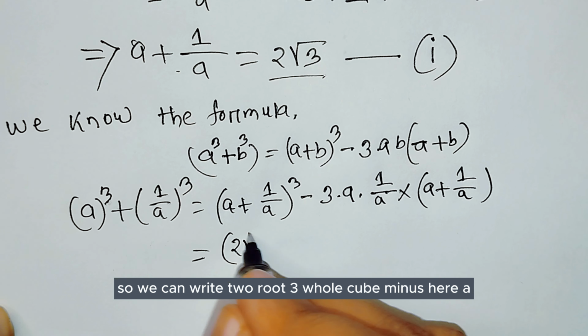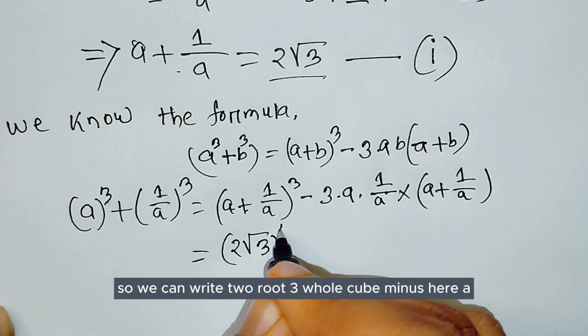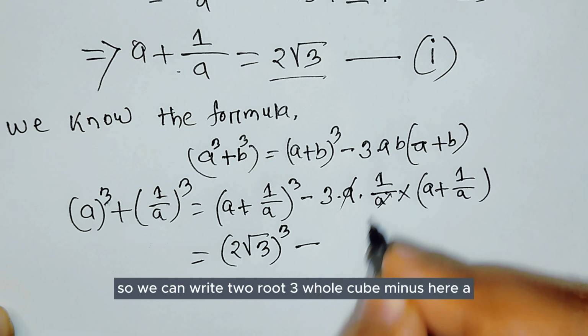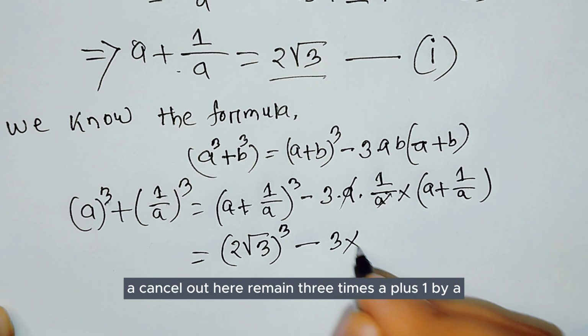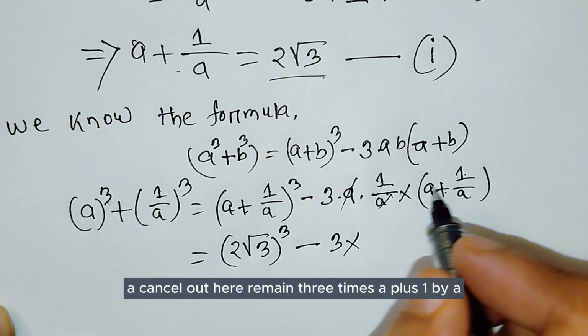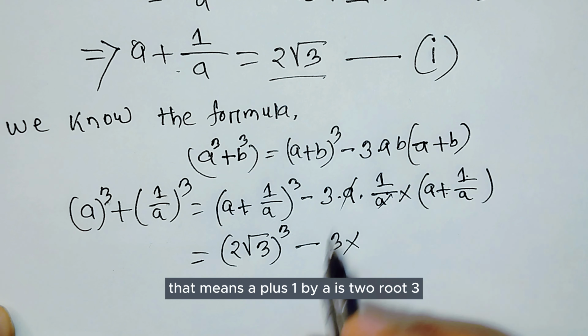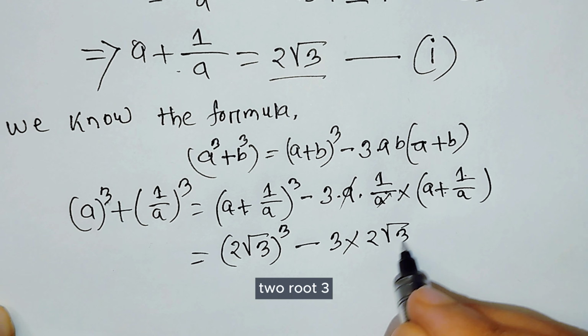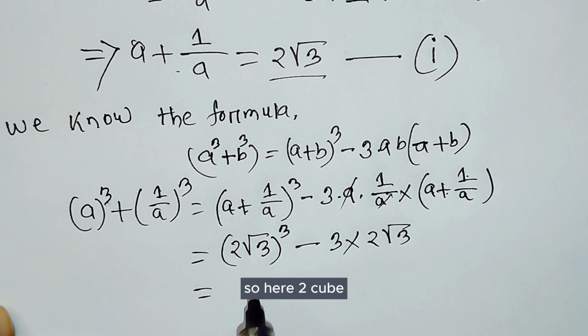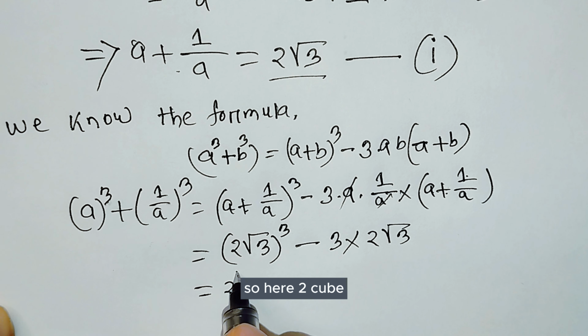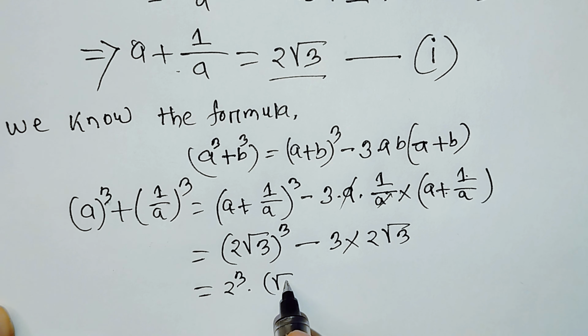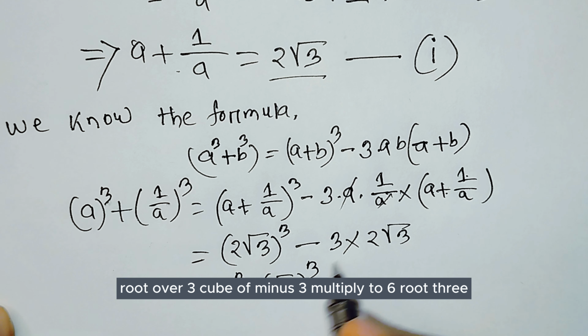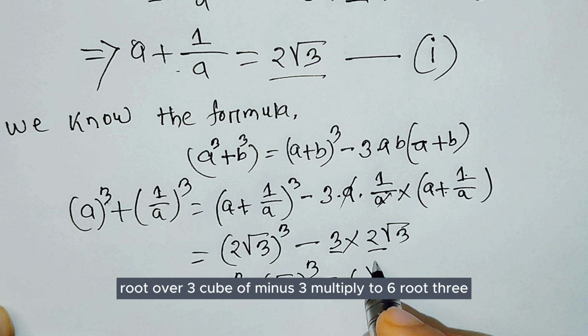So we can write (2 root 3) whole cube minus 3 times (a plus 1 by a), where a cancels out with 1 by a, and a plus 1 by a is 2 root 3. So 2 cube times root 3 cube minus 3 multiplied by 6 root 3.